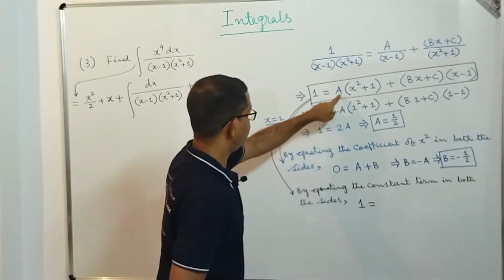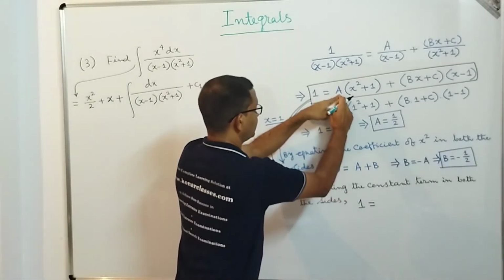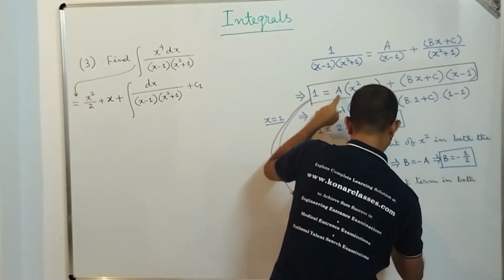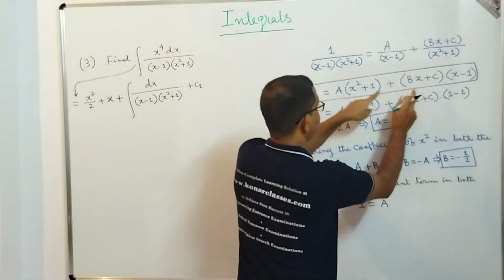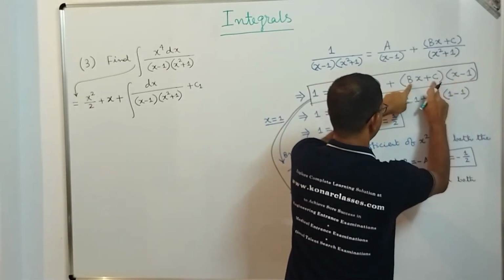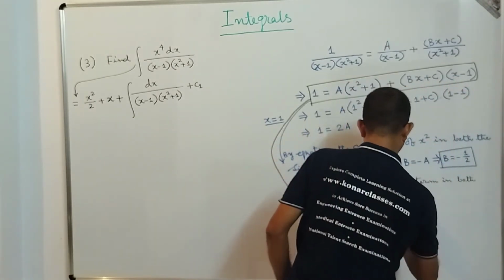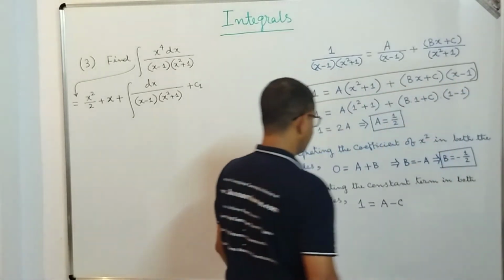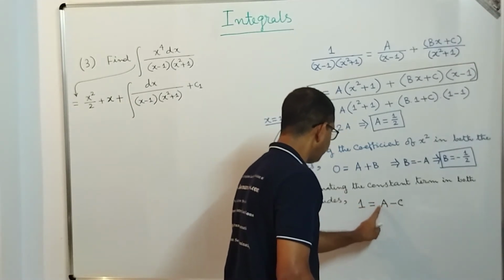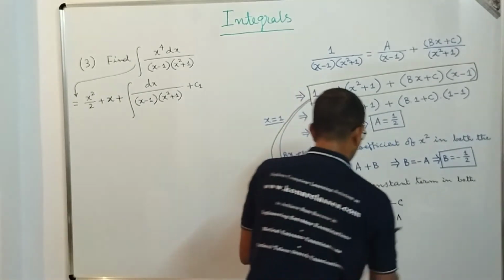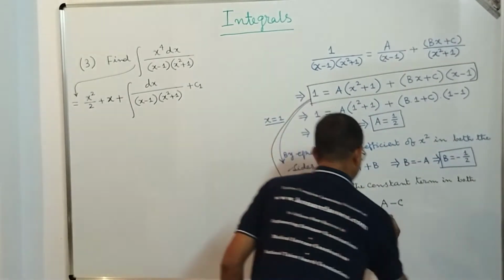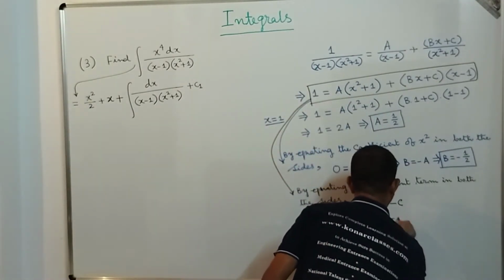in the right hand side, the constant term in this expression is A. So we write capital A. And here the constant term of (Bx plus C) into (x minus 1) is C times minus 1, that is minus C. So what we get is 1 is equal to A minus C, so C is equal to A minus 1.